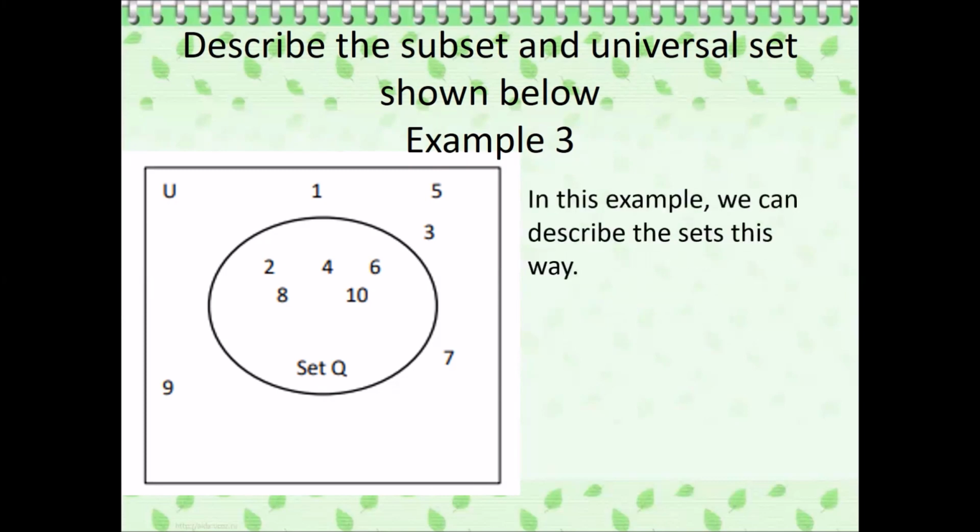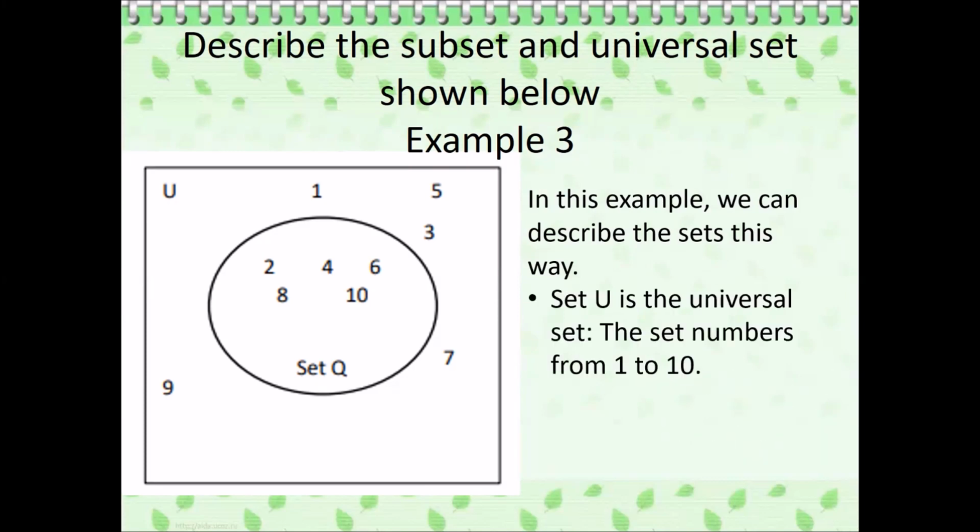In this example, we can describe the sets this way. Set U, which is the universal set, is the set of numbers 1 to 10. If you observe, we have 1, 2, 3, 4, 5, 6, 7, 8, 9, 10 in the whole universal set.